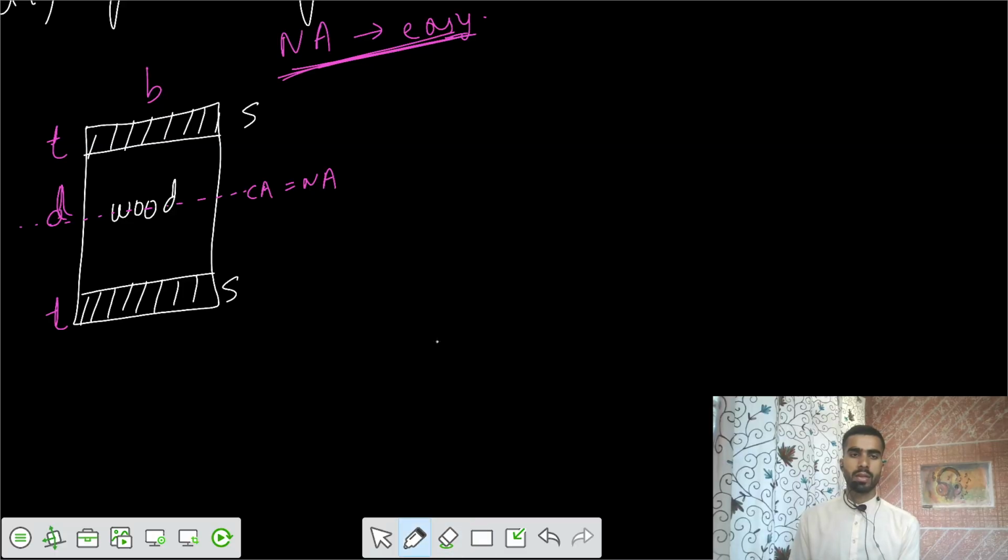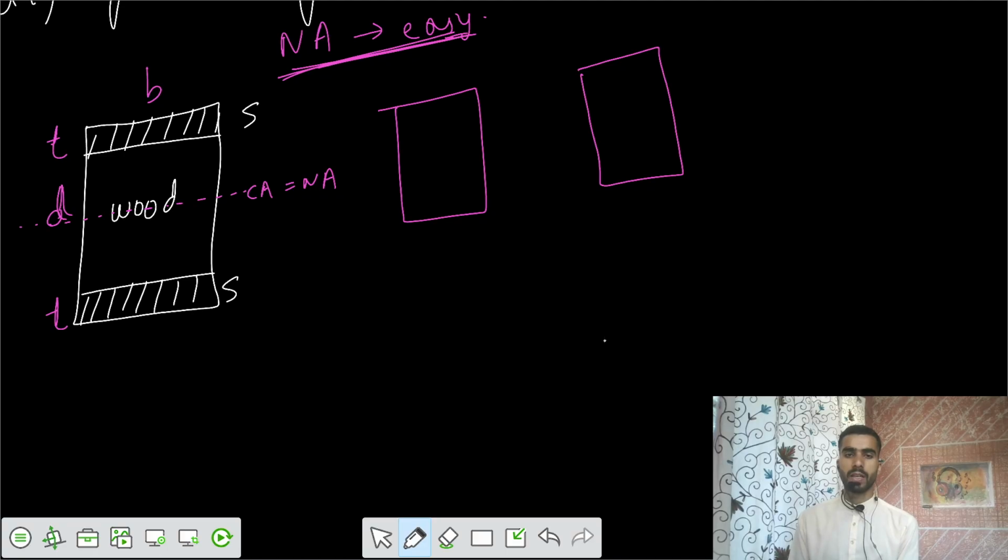Similarly, if you had two different wood sections and placed a steel section in between, the neutral axis is at the mid.